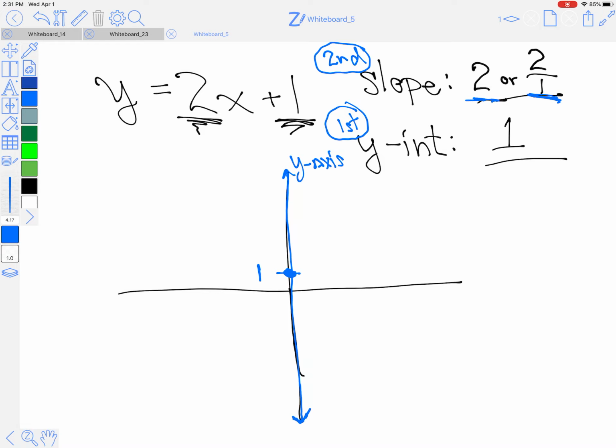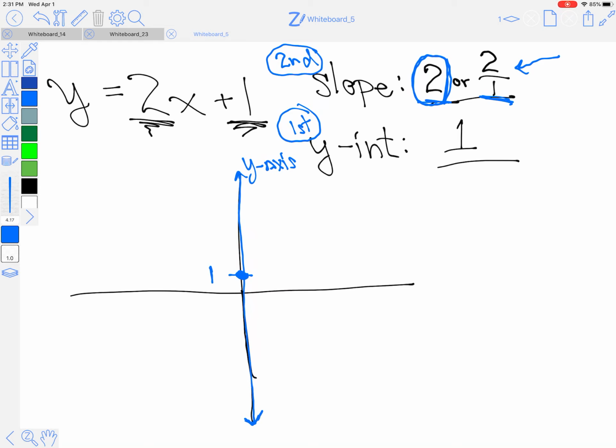So anytime you have a whole number slope, like we do here with 2, a lot of times we say 2 over 1 because that tells us we're first supposed to rise 2 and run 1. Rise talks about up and down. Run talks about left and right.